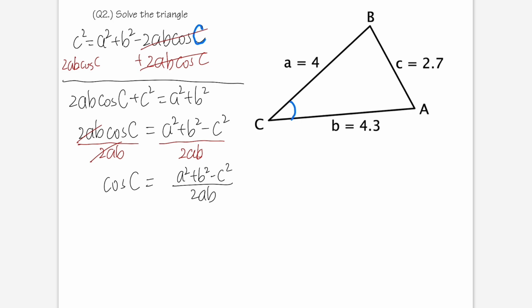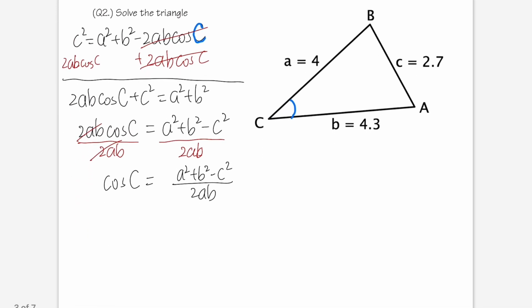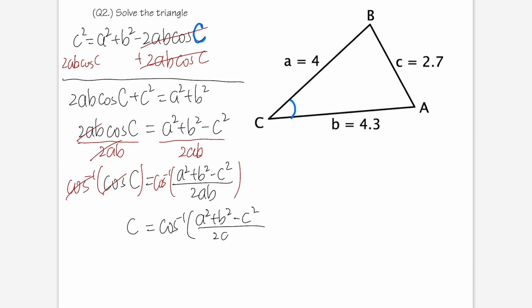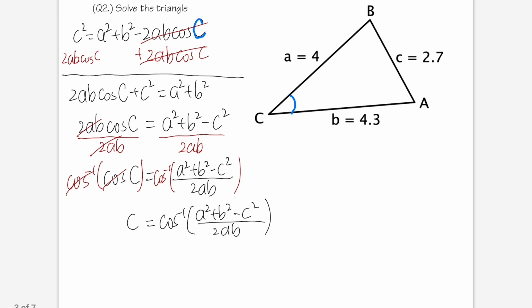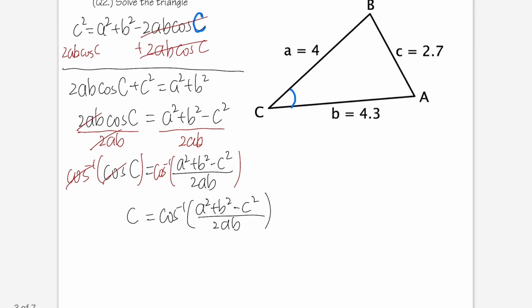And to get the C by itself, sorry, that's the angle, so we will take the inverse cosine on both sides. This and that cancel. And ladies and gentlemen, we get C is equal to the inverse cosine of a squared plus b squared minus c squared over 2ab. And so this is how you work with the formula. And then you can throw in the numbers.